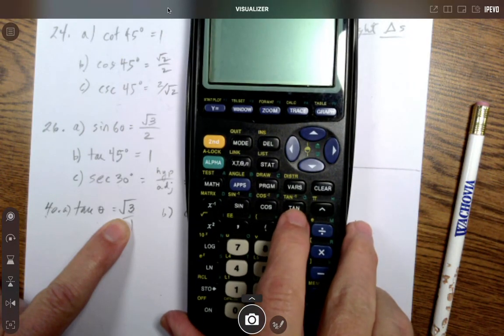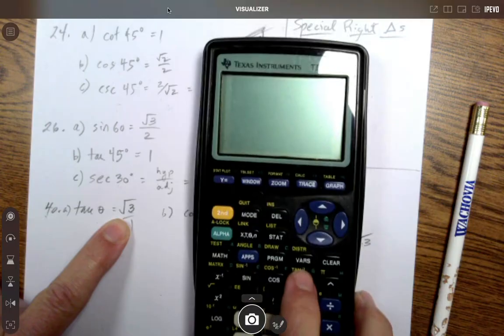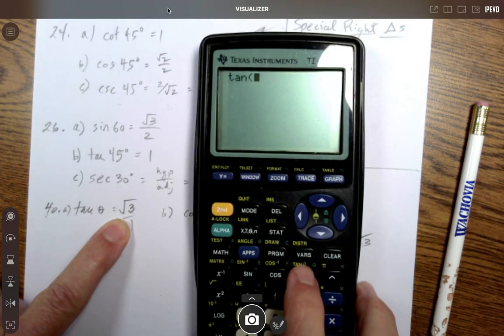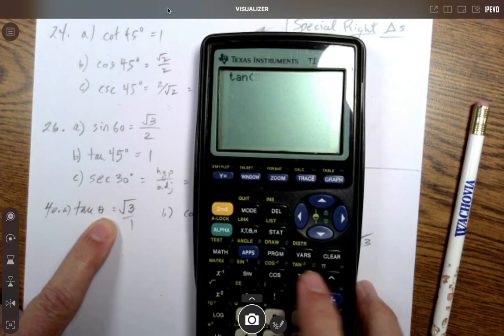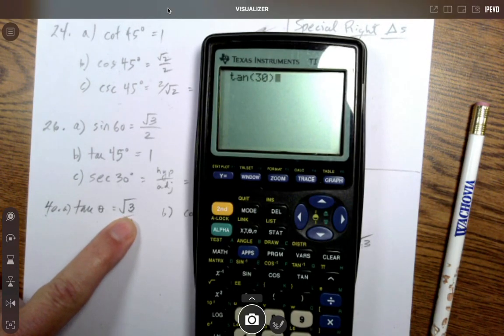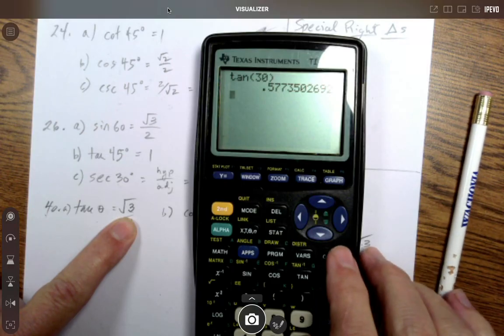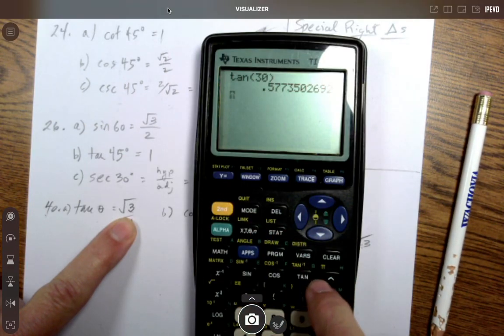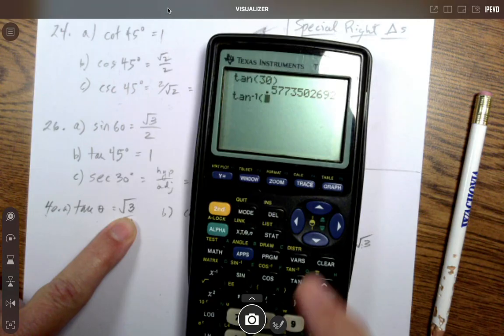So the way the tangent function works is the input is an angle, so let's say 30 degrees, and the output is the length of a side or something. Well, if you do inverse tangent, the input is not an angle.